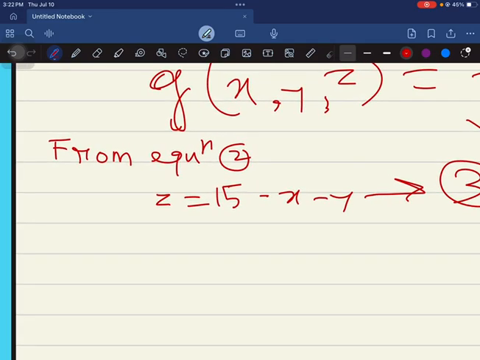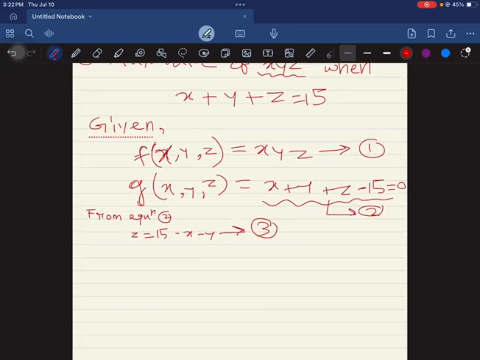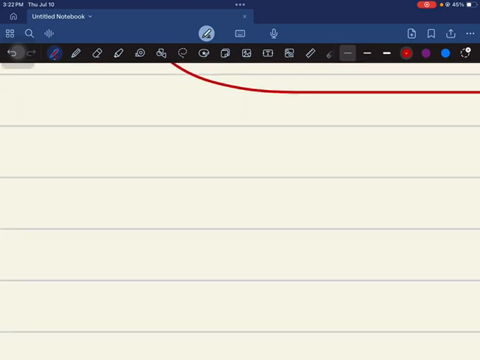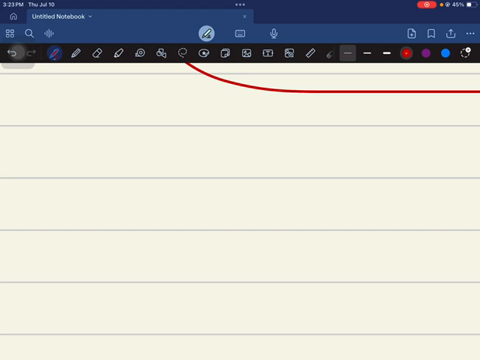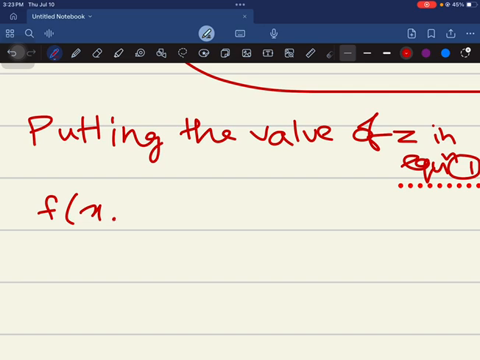So now we will substitute equation number 3 in 1. We will put the value of z in equation 1. So f(x, y) will be a function of x and y only, since we have put the value of z in terms of x and y.